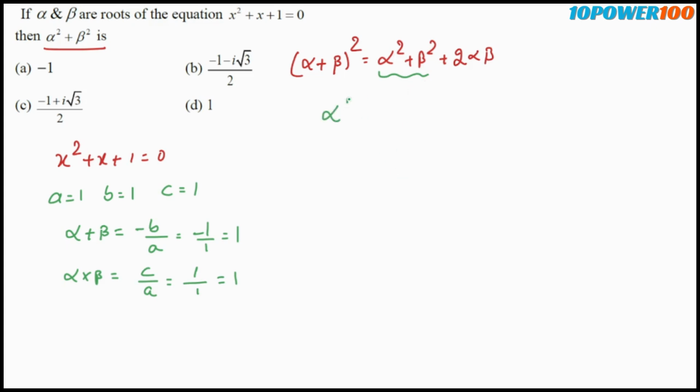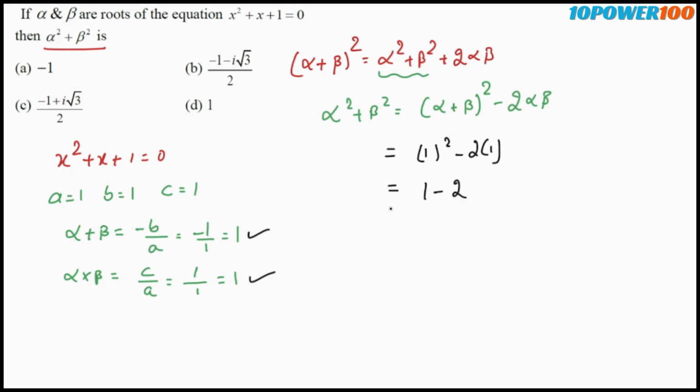We get alpha square plus beta square is equal to alpha plus beta the whole square minus 2 alpha beta. Now alpha plus beta is minus 1, and alpha into beta is 1. We get minus 1 the whole square minus 2 into 1. So 1 minus 2, the answer is minus 1. So we can say that option A, minus 1, is the correct answer.